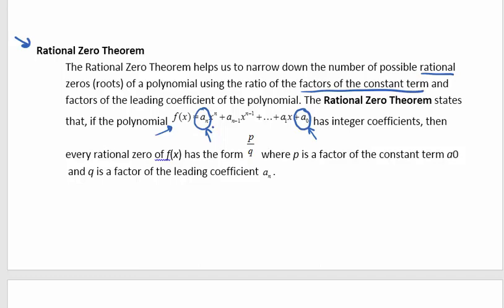Now, when we do this, factors of the constant term divided by factors of the leading coefficient, there is a lot of choices there. And so over time, people have worked to narrow that list down. So now let's go on to the next ideas, which help us narrow that list down.